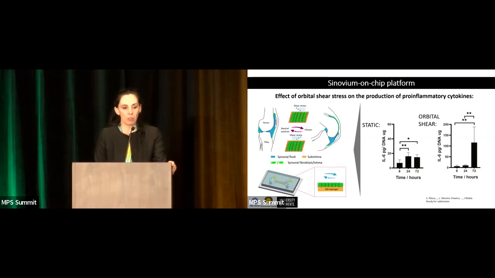Here we recreated this type of membrane and the shear stress that it is exposed to. It's more about recreating the hydrostatic pressure of the fluid that is in the intra-articular space. What we could see here is that this is fundamental to recreate the pro-inflammatory profile that is typically in the native tissues and in the progression of the disease.